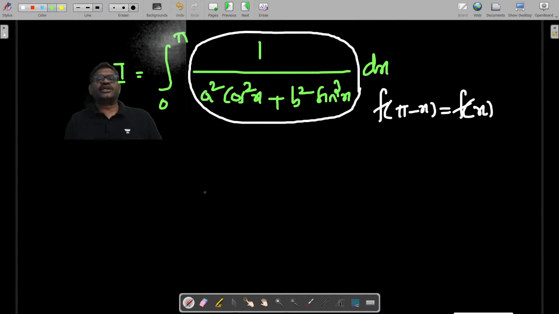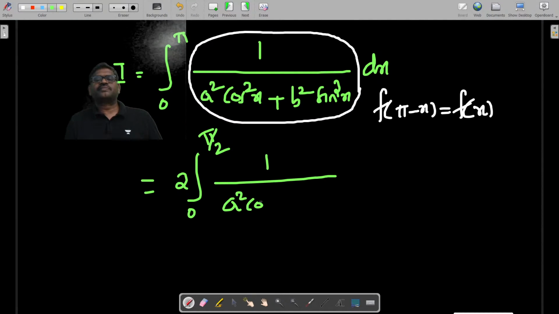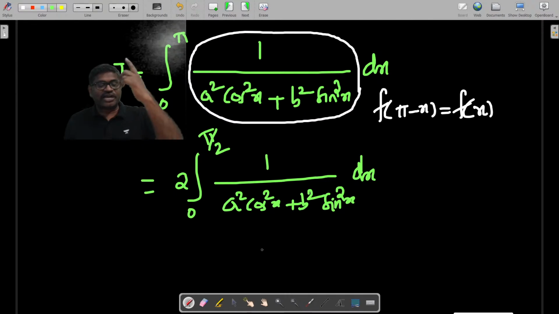Therefore, you can write 2 times integral 0 to pi by 2 of 1 by a square cos square x plus b square sin square x dx. Now divide both the numerator and denominator with cos square x.